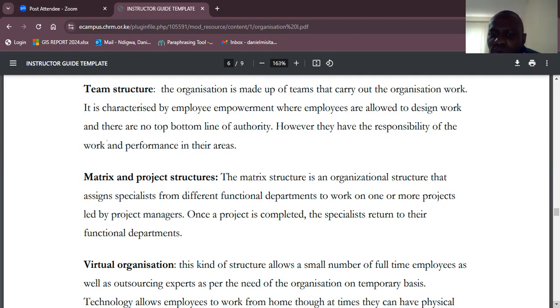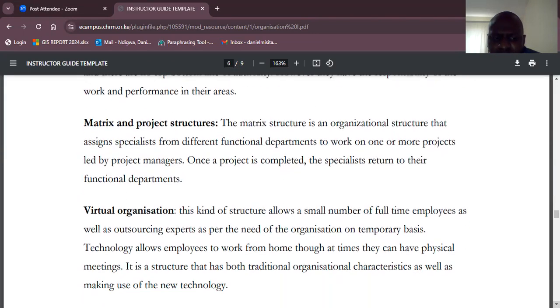So as employees working in that structure, you might realize that you have two managers that you are supposed to report to. Some people say this is one of the best structures. However, sometimes the managers might conflict with each other because of the various roles they end up assigning to the various team members.